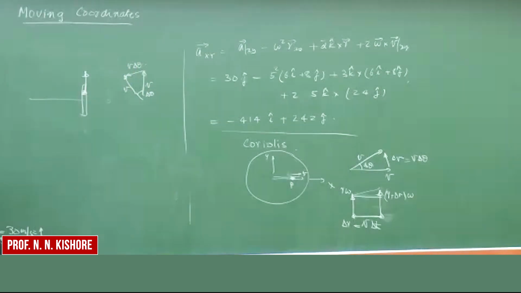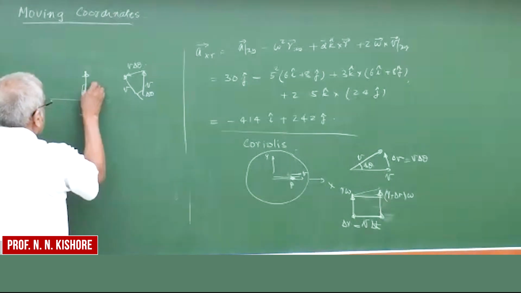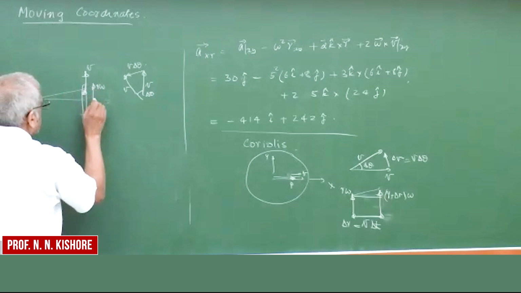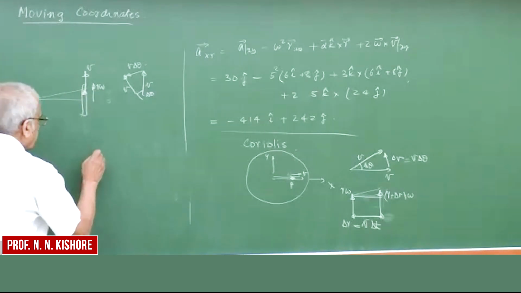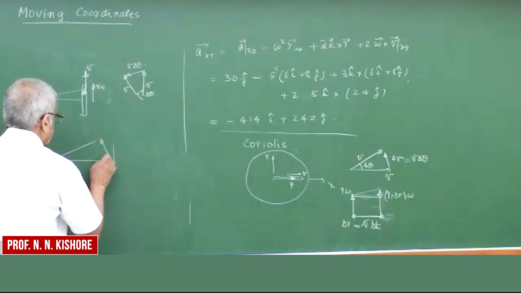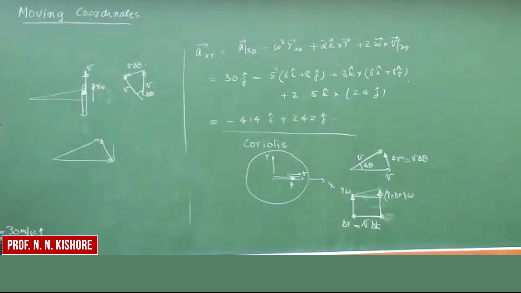Okay. And what is the other one? The other one is also about R omega. But this is V, and then there's also an R omega, which is going to change by a certain angle, right?